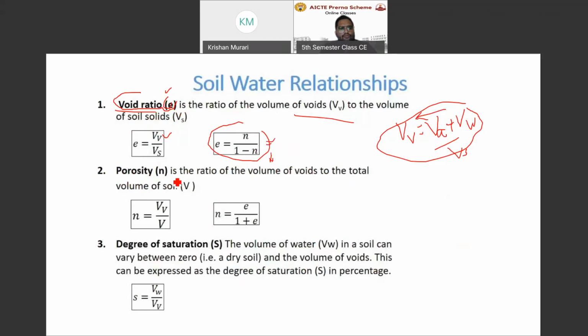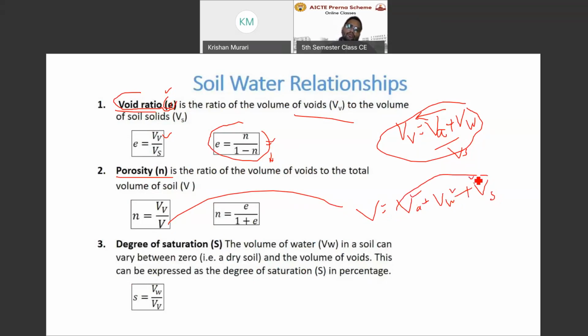The second term is porosity. Porosity means the percentage of voids in the total volume. When we talk about the total soil volume, that is capital V, which equals the volume of the whole soil, that is Va plus Vw plus Vs: volume of air, volume of water, and volume of solid.